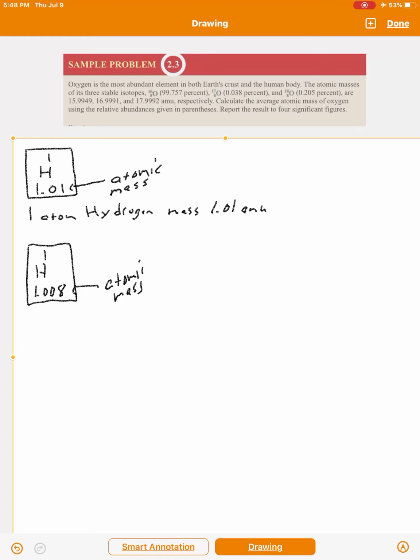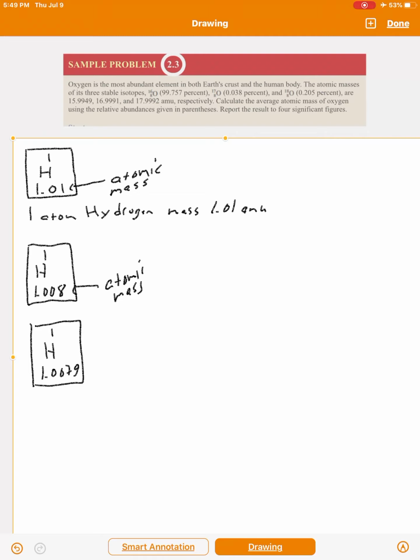If we were to round 1.008 to 3 sig figs, it would round to 1.01. You may even see more sig figs for hydrogen. It might be 1.0079. Again, that's the atomic mass. It's just got more sig figs. It's got 5 sig figs instead of 4 or 3. Those are the atomic masses.